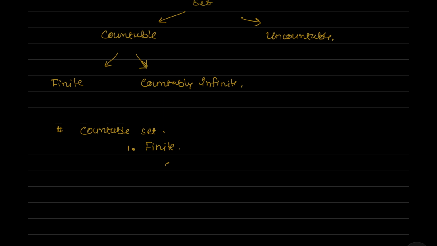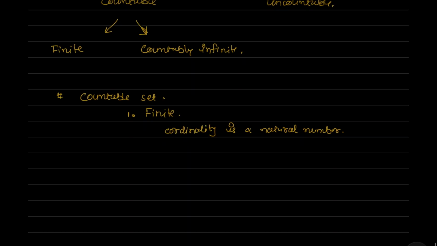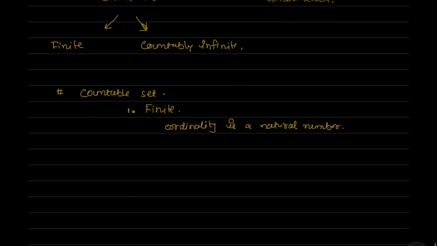That its cardinality is a natural number. One other condition which makes a set countable is countably infinite. Let's understand this.